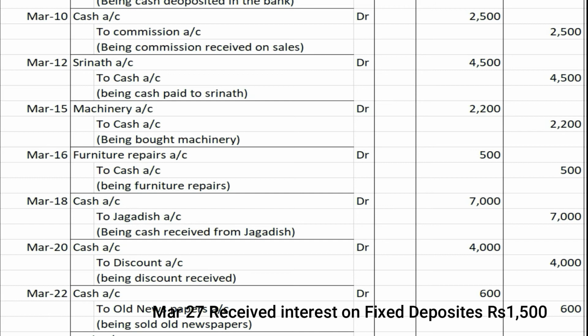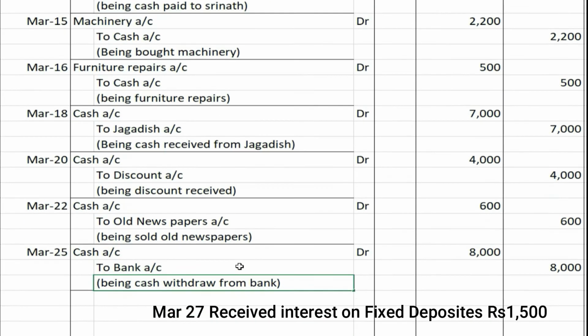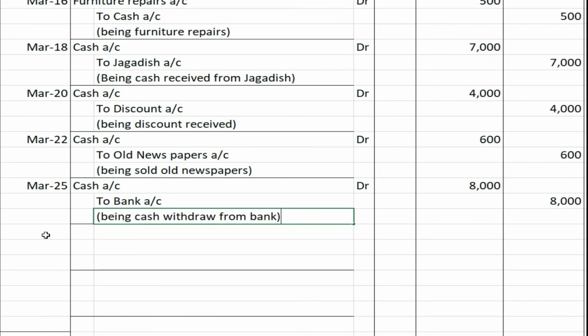Next transaction, March 27, received interest on fixed deposits. So interest is coming, it is income, credit. Interest is coming in the form of cash. Cash account is debit. So journal entry is cash account debit to interest account. So date is March 27th. Cash account debit.